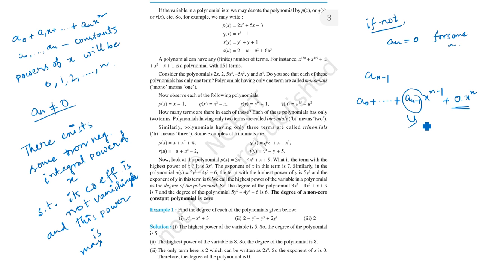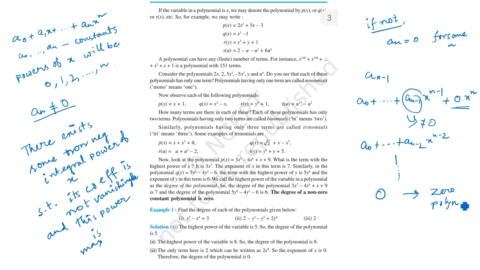This must be non-zero. If it is also 0, then the polynomial is of the form a0 plus dot dot dot plus an minus 2 x to the power n minus 2. If we proceed in this way, eventually we get 0. So this is a very special case, the zero polynomial.